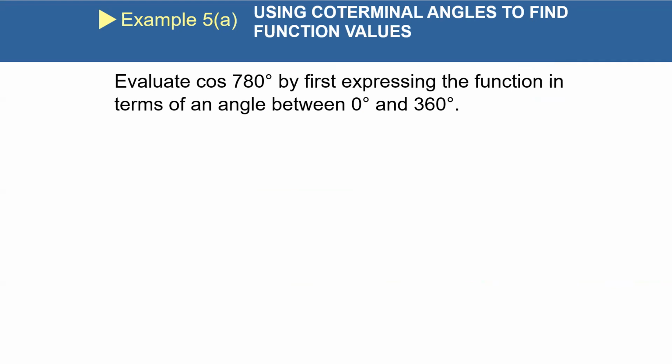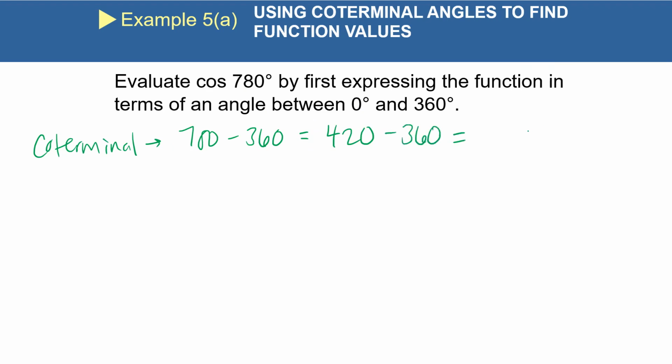All right. Next, it says here, evaluate the cosine of 780 by first expressing the function in terms of an angle between 0 and 360. We've already been doing this. What do I do first? I'm going to subtract. So I have to find my coterminal. I have 780 minus 360. What does that give me? 420. So what does that tell me I need to do again? Subtract again. And now I'm down to 60.